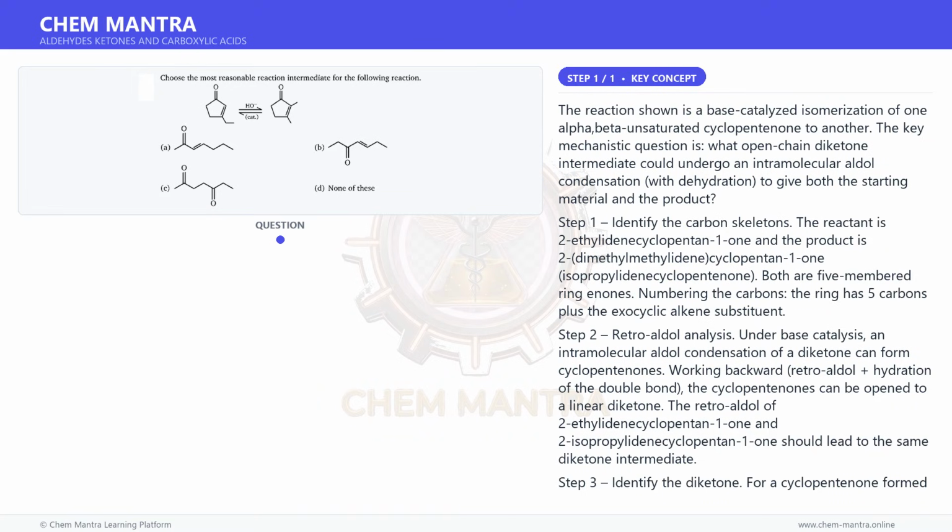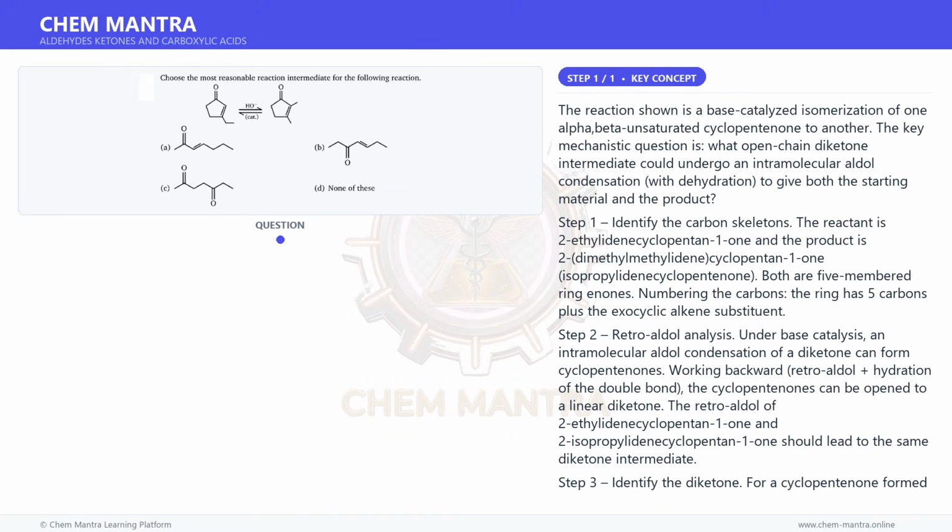Step 3. Identify the diketone. For a cyclopentane formed by intramolecular aldol condensation of a diketone, the ring closure involves C1 and C5, or equivalent. Heptane-2,5-dione, CH3-CO-CH2-CH2-CO-CH2-CH3, i.e., 5-methylheptane-2,5-dione is not right.